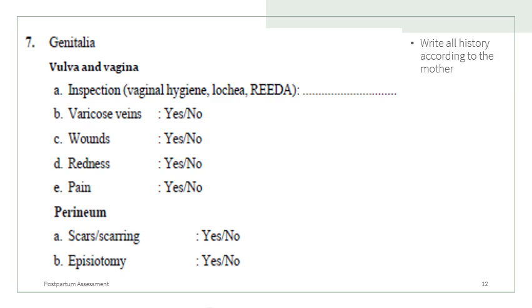And then we can also see if there's any varicose vein, any wounds, any redness, any pain, and if there's any scars, and whether the episiotomy is the first one, or because this is the third child, then also the third episiotomy. So we will be able to see how's the genital condition of the mother.